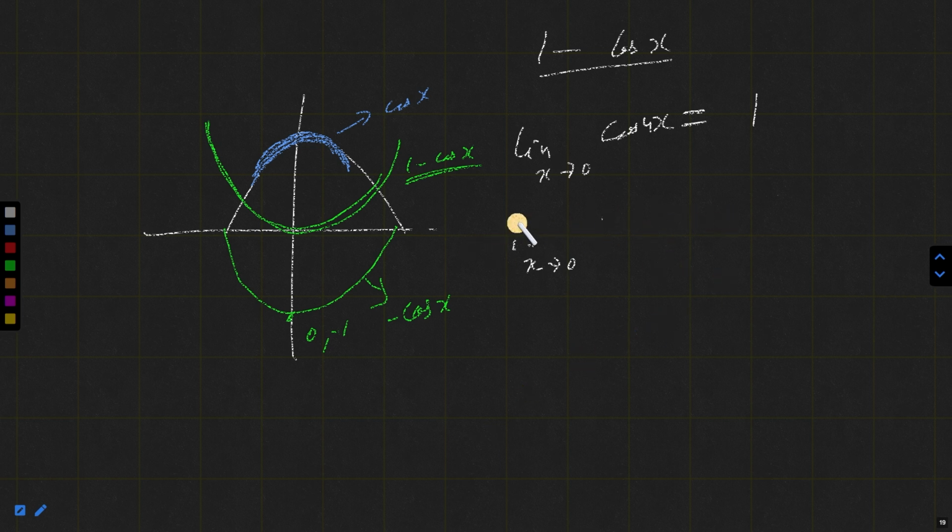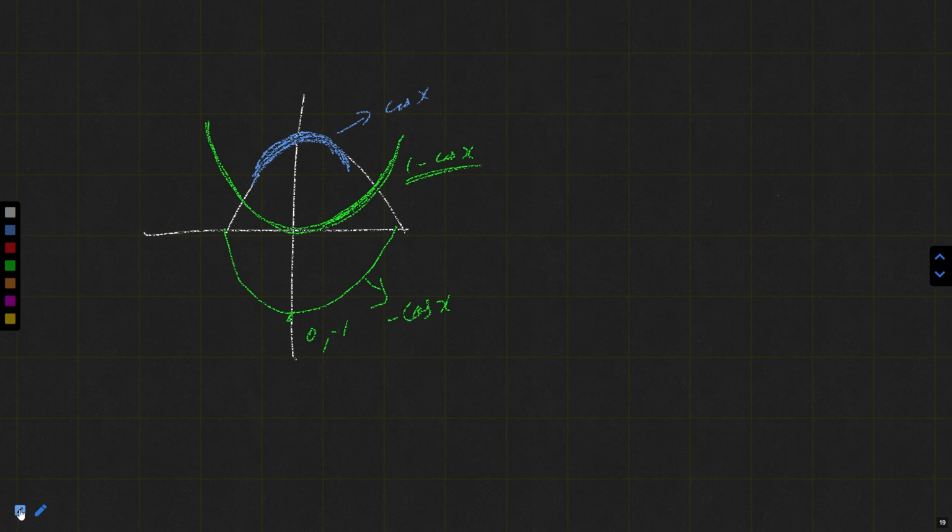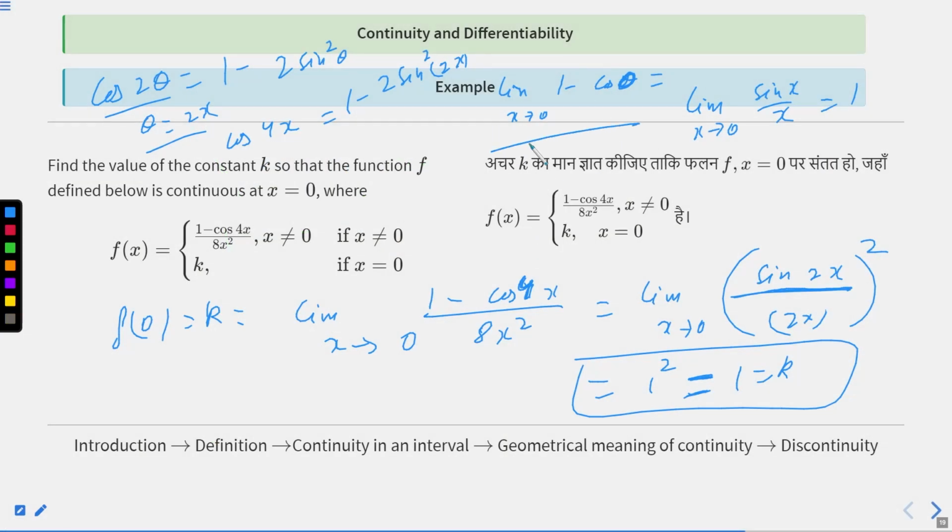I think I'm making some error. But the approach is very different, very unique in itself, so please think about this approach. But I think I'm going out of the lane. So please do prefer this step, where we use the identity. I hope that it is clear.